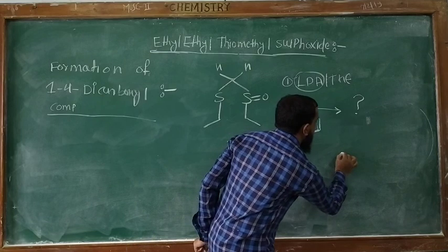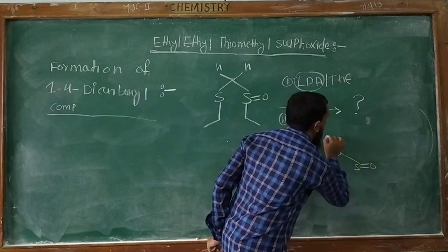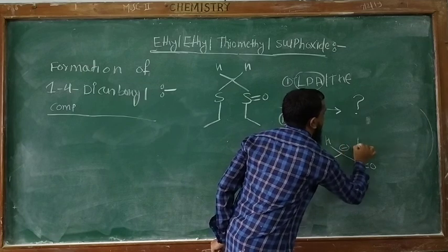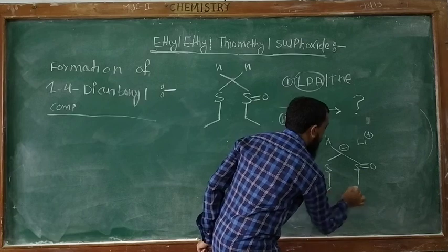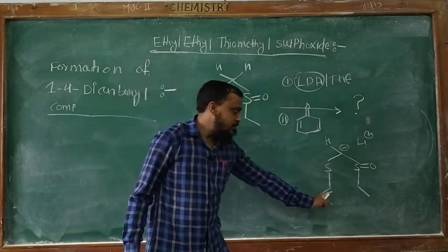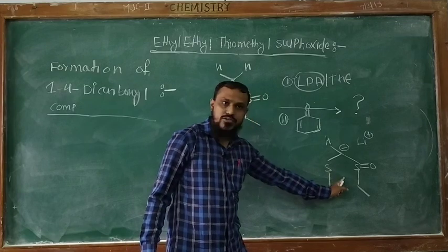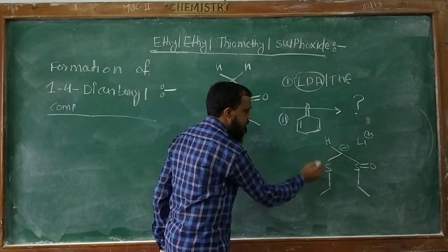Okay, this is the structure of the lithiated salt of ethyl thio-methyl sulphoxide. Okay, after the formation of the salt, this salt is treated with this alpha beta unsaturated system.